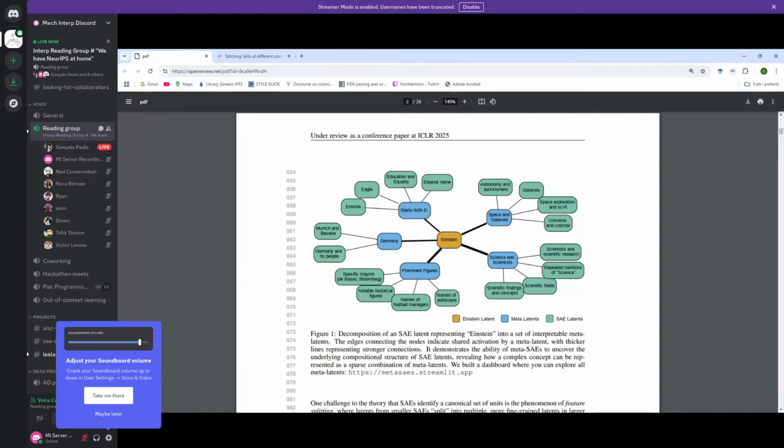So it's obvious that the concept of an atomic feature seems not possible if you just think about language in general.